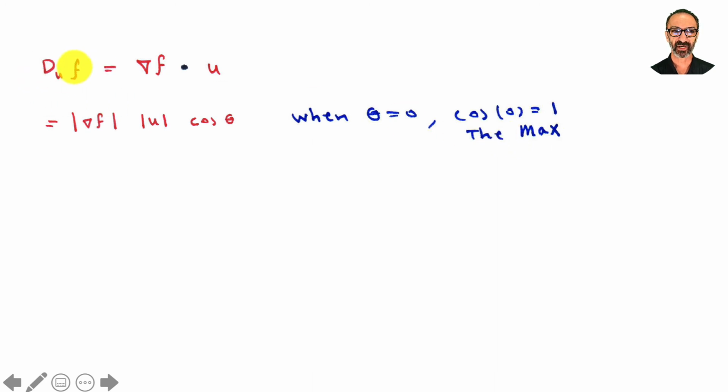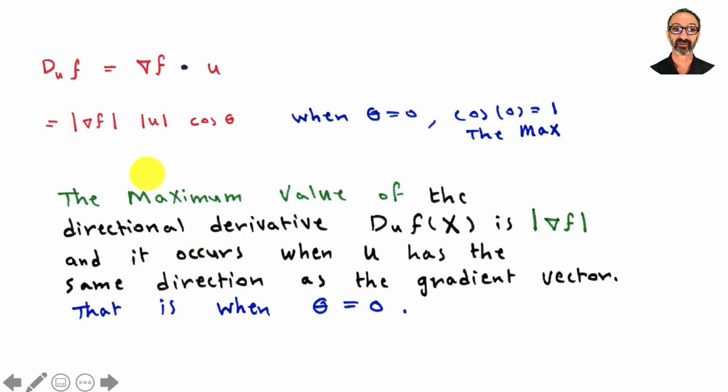So to maximize the directional derivative, you need to have this going on, which means those two vectors, u and del f, should go in the same direction. They should be parallel because the angle between them is 0. The maximum value of the directional derivative is this right here. Why is that?